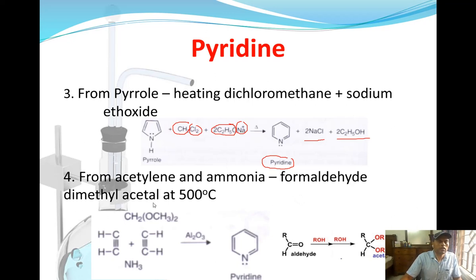The fourth method of synthesis is from acetylene and ammonia, and you have to take formaldehyde dimethyl acetal. What is this formaldehyde dimethyl acetal? See, this is an aldehyde and this is an acetal. If you react an alkyl alcohol with the aldehyde, you are going to get an acetal with the two OR groups.